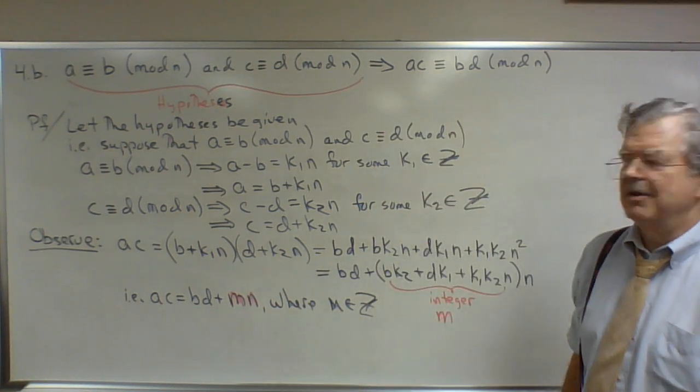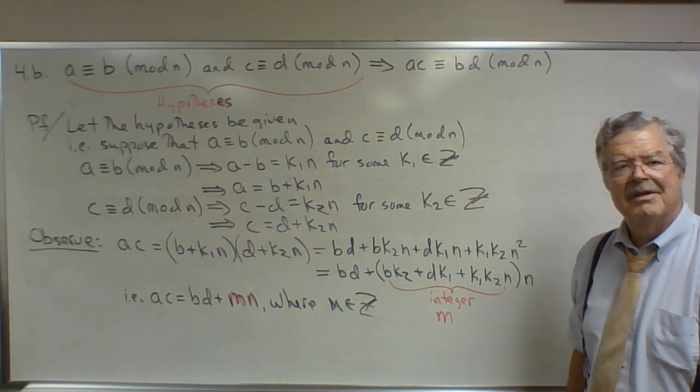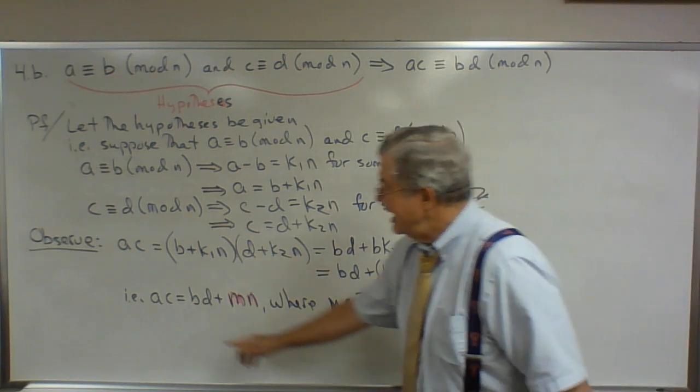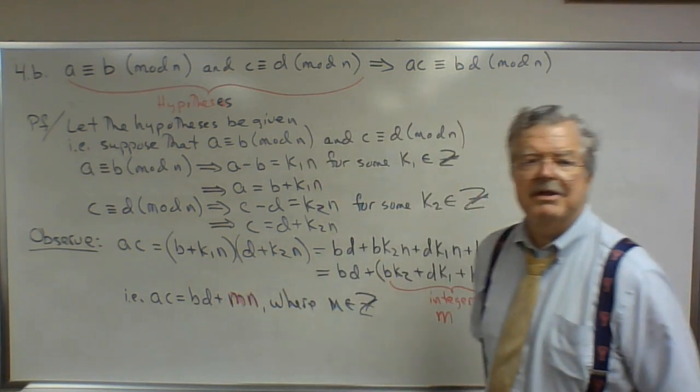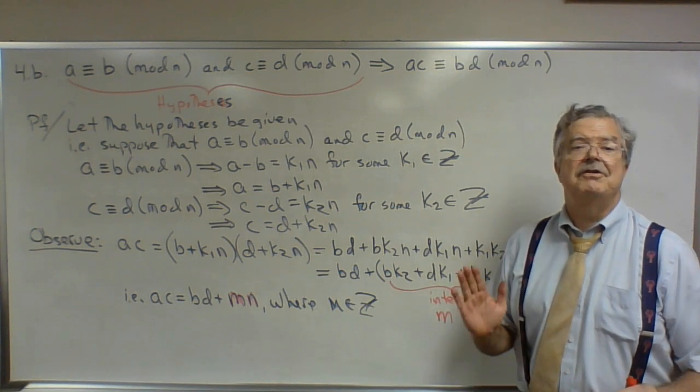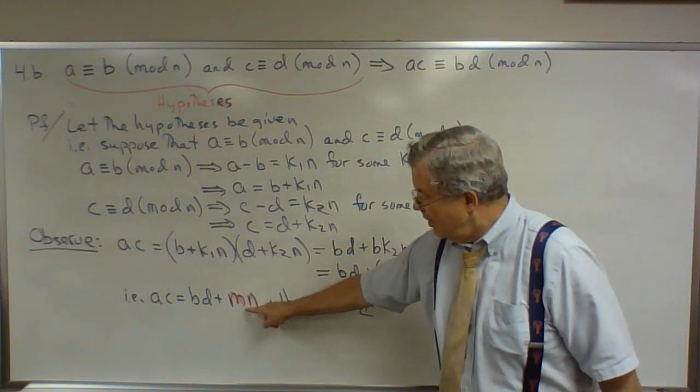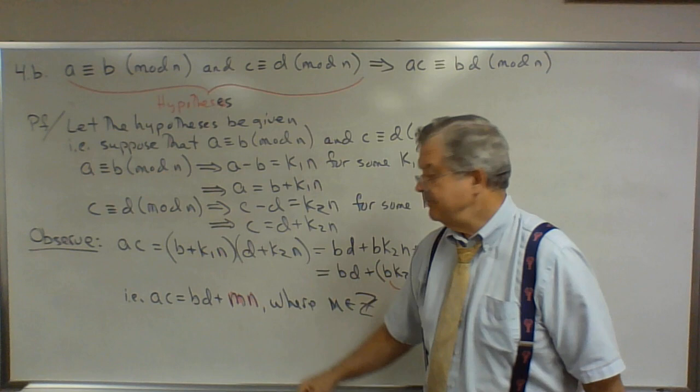I'm this far from being done. What do I have to do? To show that AC is congruent to BD, I have to show that their difference is a whole number multiple of n.